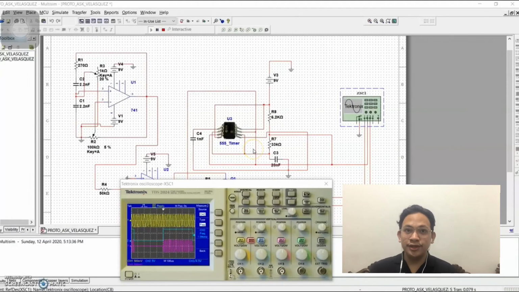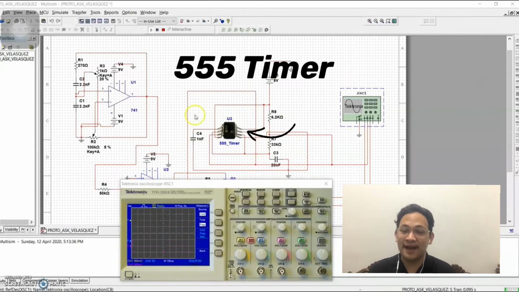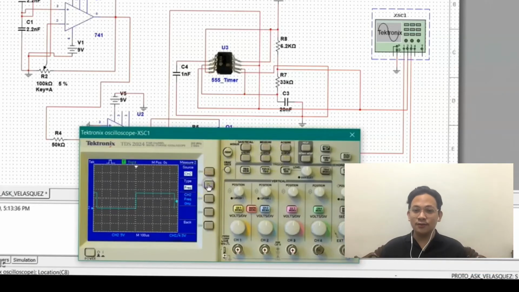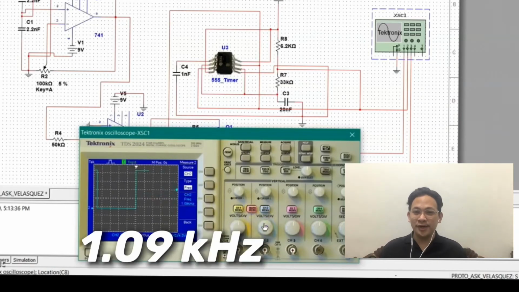The amplitude shift keying modulation circuit is designed using the 555 IC timer in astable mode. Here, the carrier signal can be varied by using the R1, R2, and the capacitor. When the pulse is logic 1, the output frequency is around 1.09 kHz.